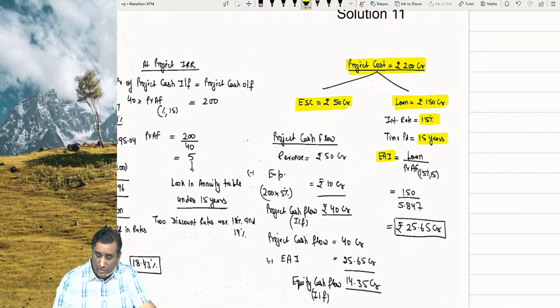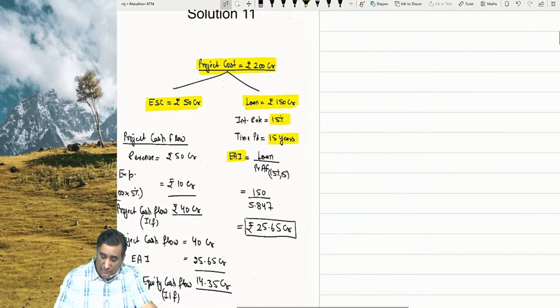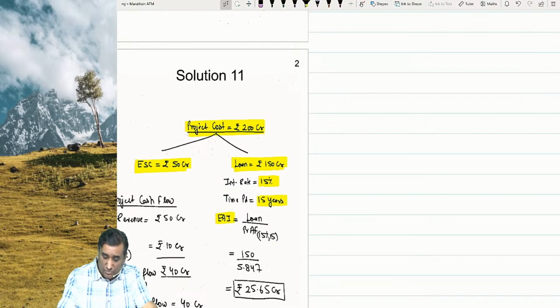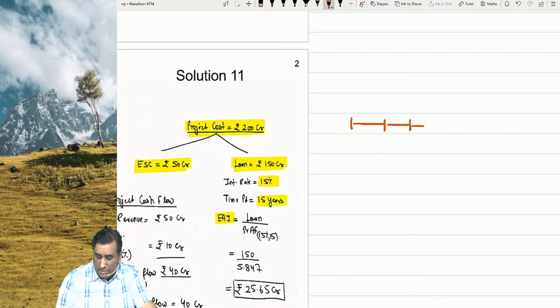So we calculate the equated annual installment. Now how does this formula come, sir? Actually we have been using only a single formula. Let's suppose I give you year 1, year 2, year 3 and so on for 15 years, and I am standing at period 0. There are equal installments here, and here, and here.